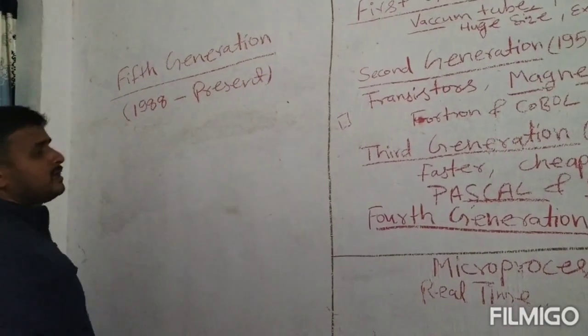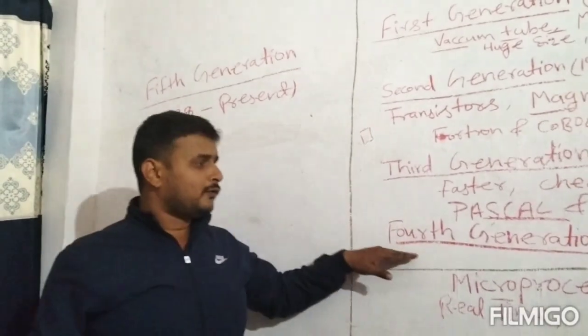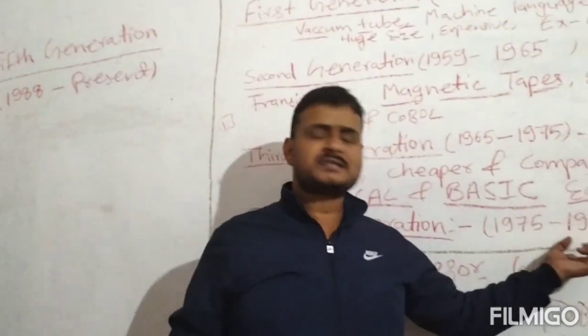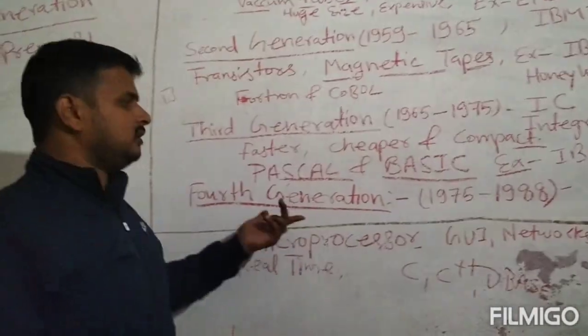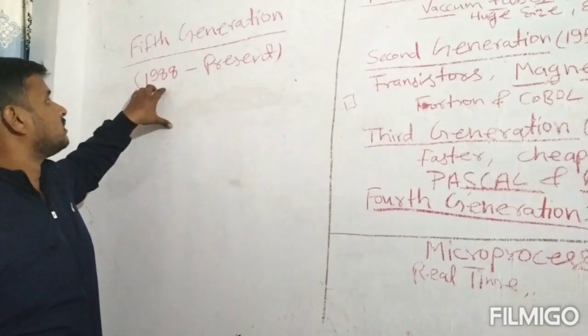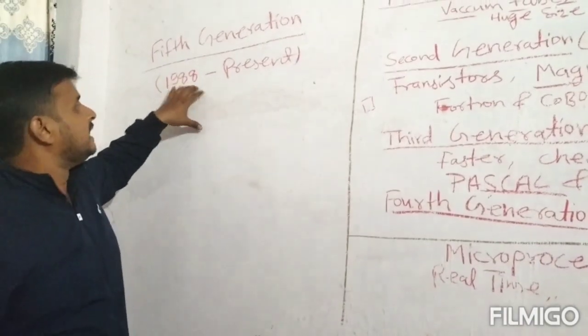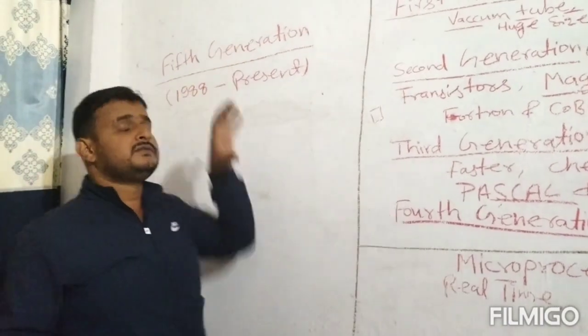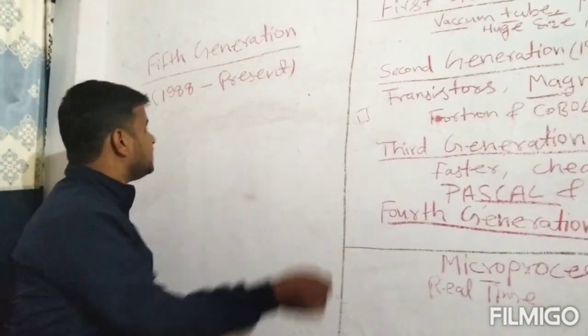Somewhere we also get that the fourth generation's duration is from 1975 to the present. There is a contradiction, so we can say that the fifth generation is from 1988 to present, because the technology used in the fifth generation is AI.